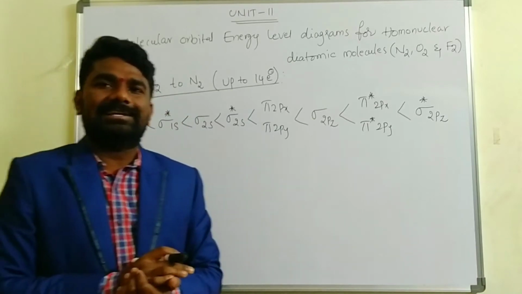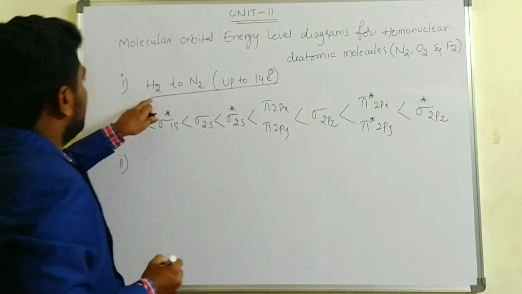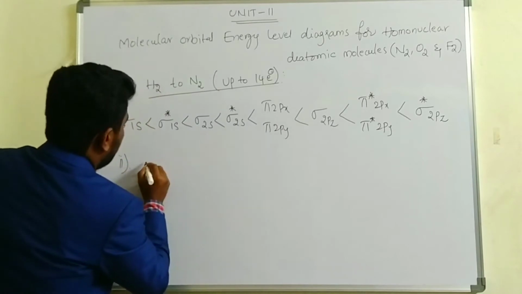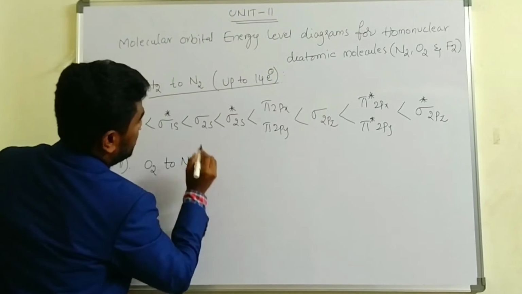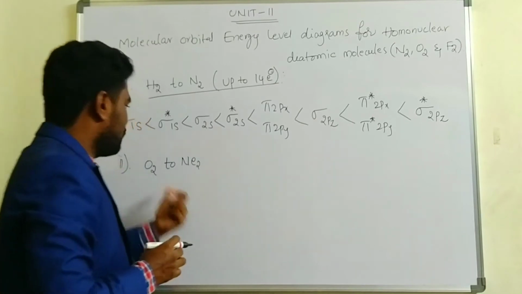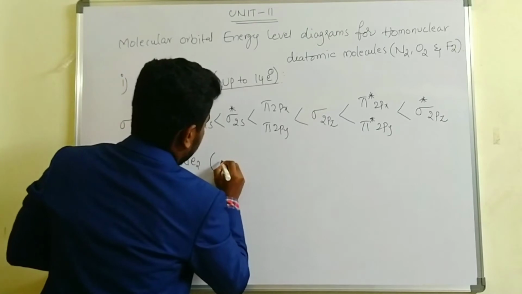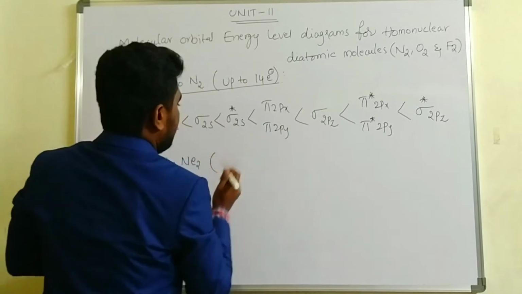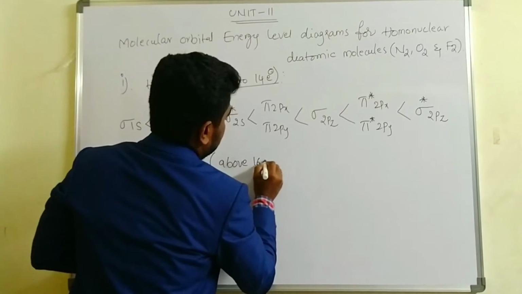The next category we have, after nitrogen, is the oxygen molecule, isn't it? Oxygen to neon molecules. That means oxygen, fluorine and neon. This category is divided as above 16 electrons, isn't it?